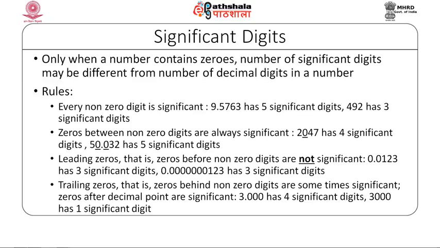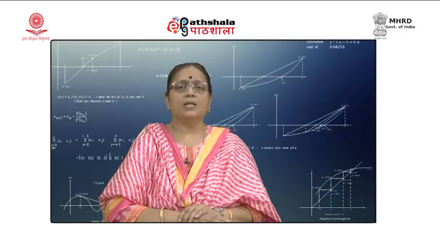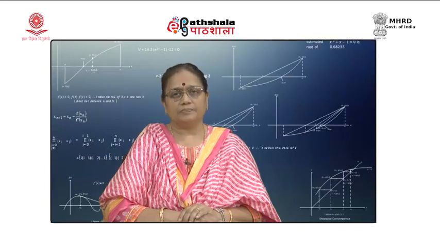And finally, the trailing zeros, that is zeros behind non-zero digits, are sometimes significant and sometimes may not be significant. If they are occurring after the decimal sign, they are significant, like 3.000, because that means that up to those 3 decimal places the numbers are zeros.